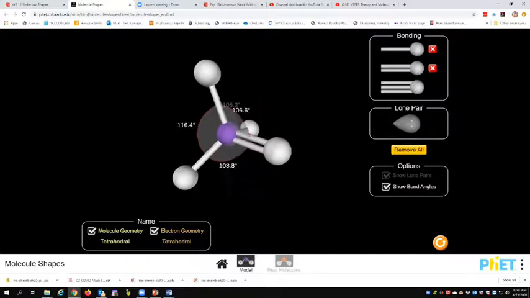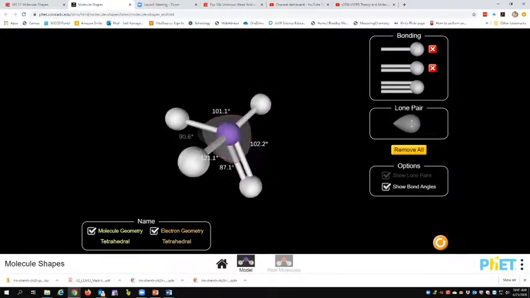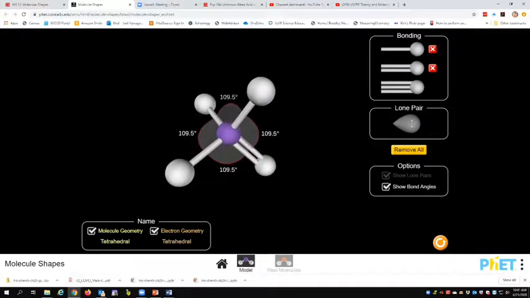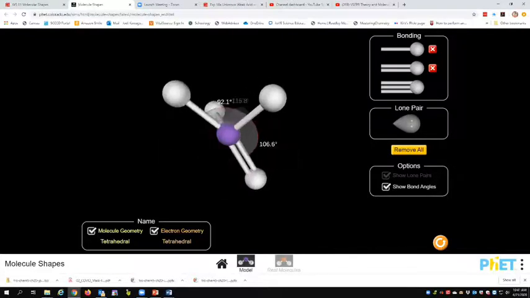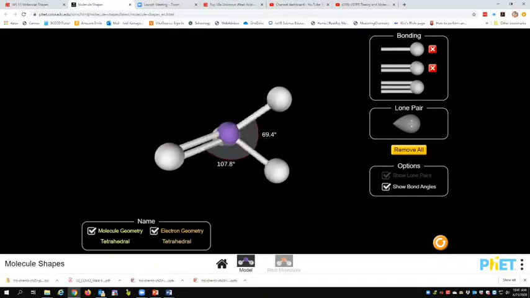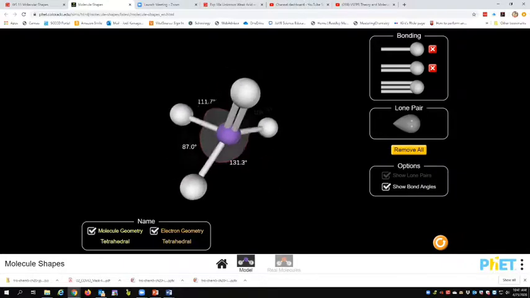Okay, so this is what you've got, right? We have 4 electron groups, 3 single bonds and a double bond. So don't look at the table. Name it. What shape is this? So something to do with tetra.